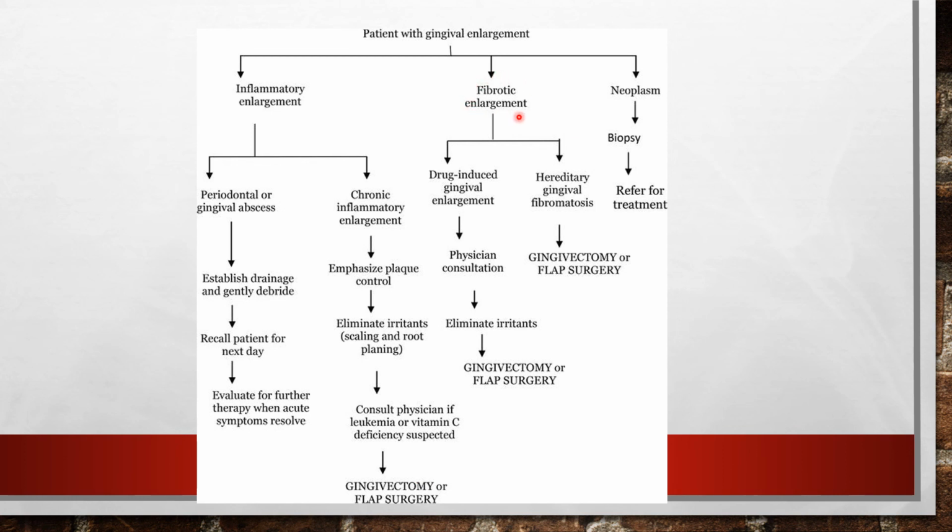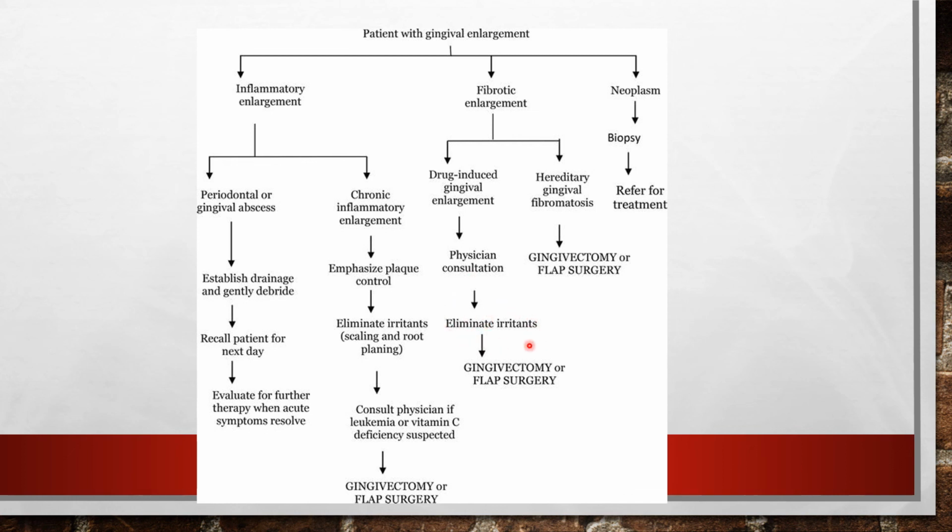Next comes the fibrotic gingival enlargement. You can see it mostly in drug-induced gingival enlargement and hereditary gingival fibromatosis or idiopathic gingival enlargement. For the drug-induced type, the causative factor is the drug being used, so you can go for physician consultation, and the local irritants should be removed by scaling and root planing.